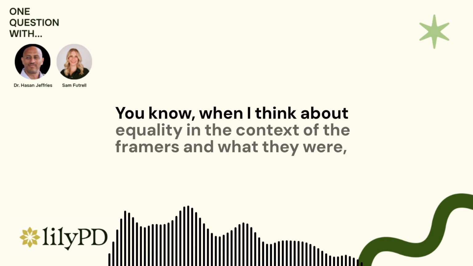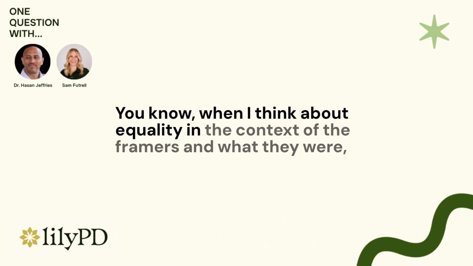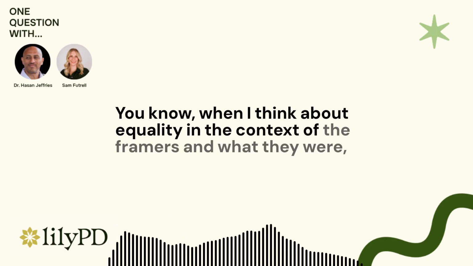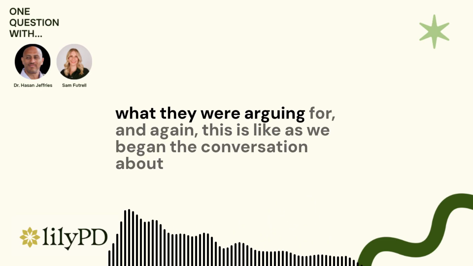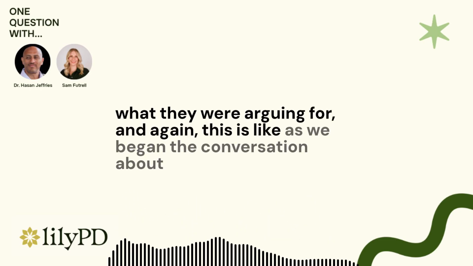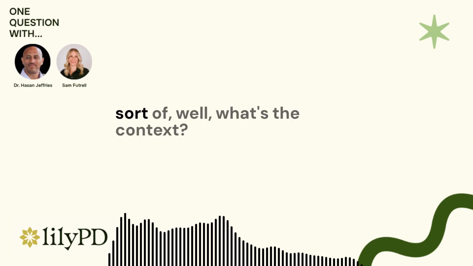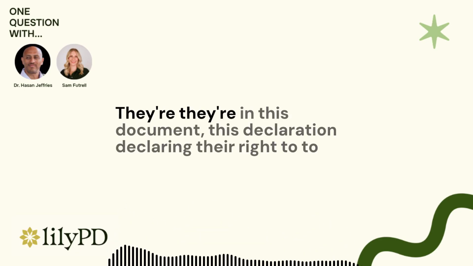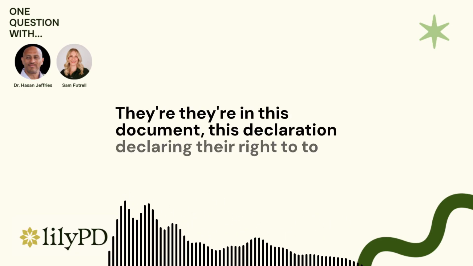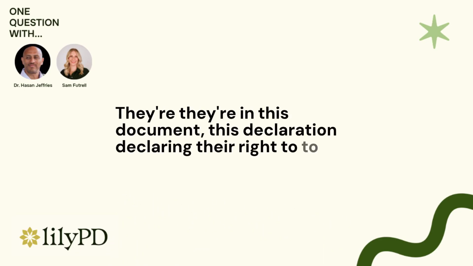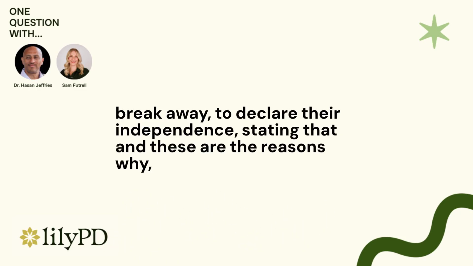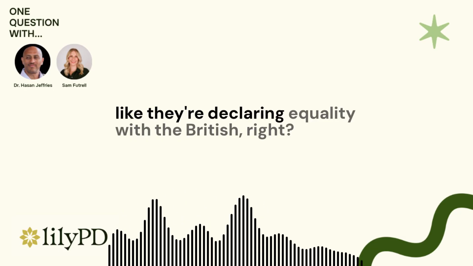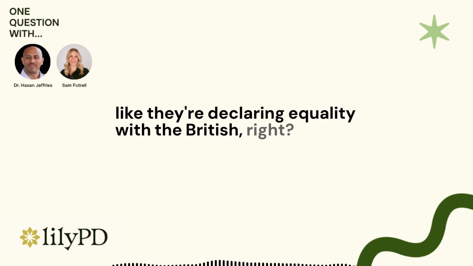Yeah, when I think about equality in the context of the framers and what they were arguing for, and again, as we began the conversation, what's the context there? In this document, this declaration declaring their right to break away, to declare their independence, and stating the reasons why, they're declaring equality with the British.